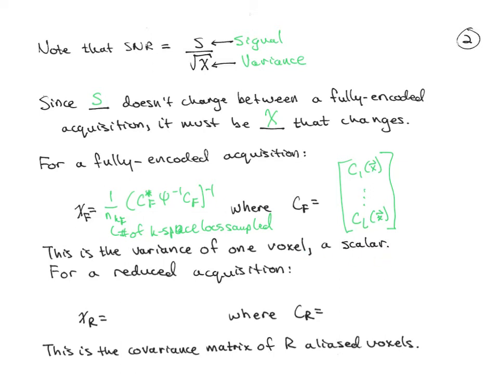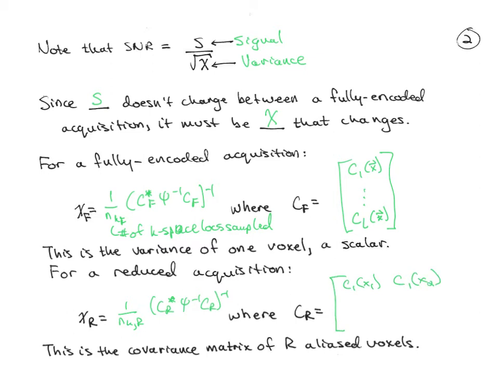For a reduced acquisition, we have that chi sub r is 1 over n sub k reduced, where this is the number of k-space locations sampled in the accelerated scan, times C sub r complex conjugate transpose, psi inverse, C sub r, inverse. Where again, last time we learned that C sub r is actually a matrix now instead of just a vector, and it's a matrix of sensitivity values collected across all of the voxels that alias onto this location.